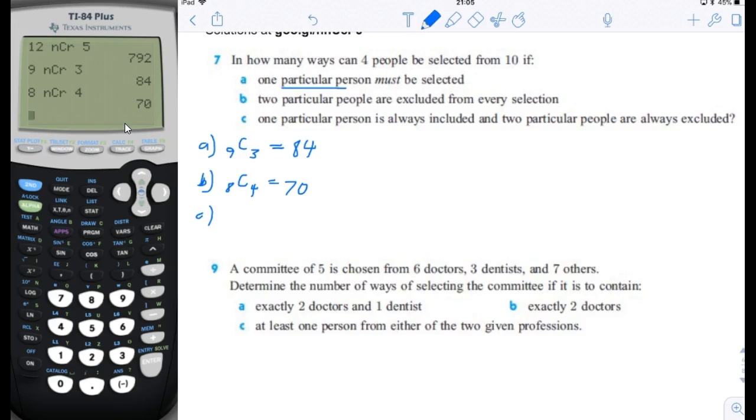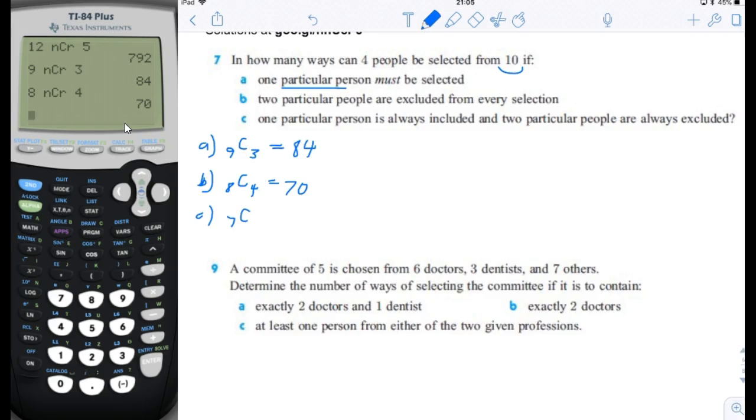In part C, 1 particular person is always included and 2 particular people are always excluded. So in this case, we're basically only choosing 3 people, because 1 person is always included. Out of the 10 people, 1 is always included, so really we're only choosing from 9. And 2 particular people are excluded, so that means we're only choosing from 7.